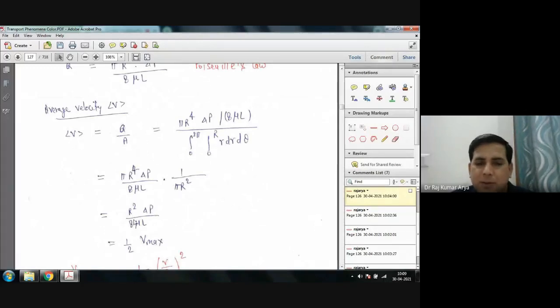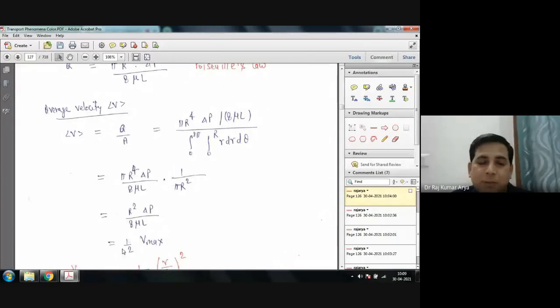In the maximum velocity expression, you have the term 4 mu L. Here you are getting 8 mu L. So in that case, the average velocity is half of the maximum velocity. So most of the time, when we do the calculation based on the average velocity, we are making an error of around 50%.